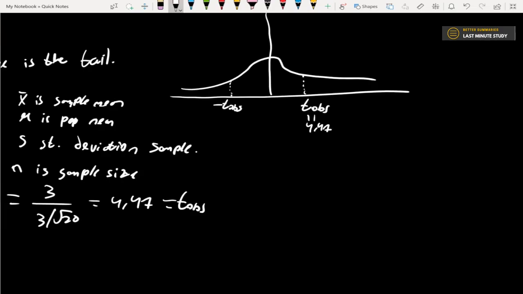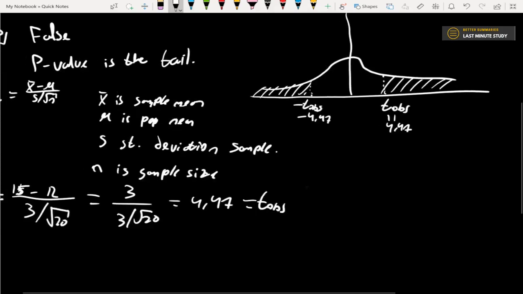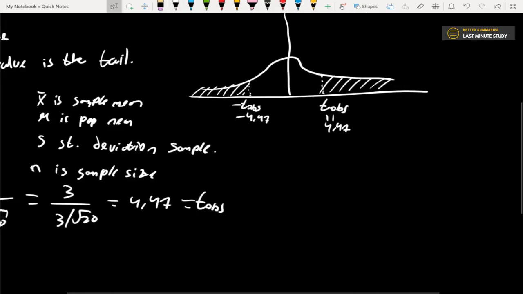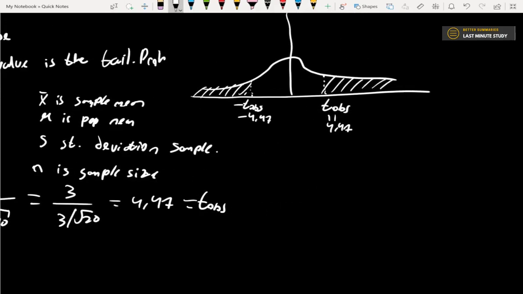Now, due to symmetry, we know we have a symmetric distribution, the t distribution. We know that minus 4.47 is going to be here on the other side, right? So this shaded area here, well, think of it. So the p-value is the tail probability. Should have written that down.